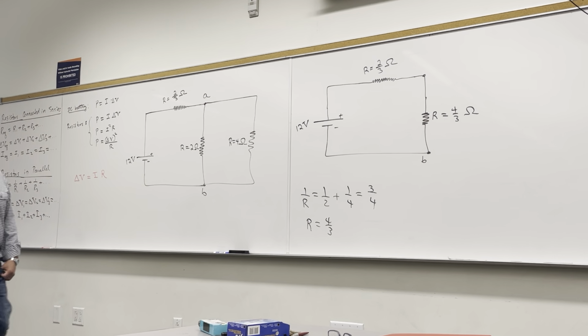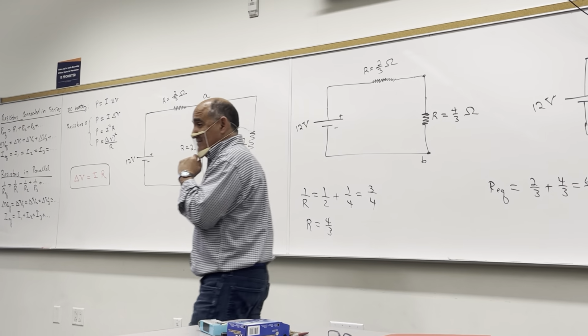So the current through this resistor, is it down the resistor or is it up the resistor? Down? Up. Would it be up? Why up? Why down? Up because wouldn't the negatively charged particles be moving towards the positive terminal? But remember the convention, right? I didn't ask which way are the electrons moving.